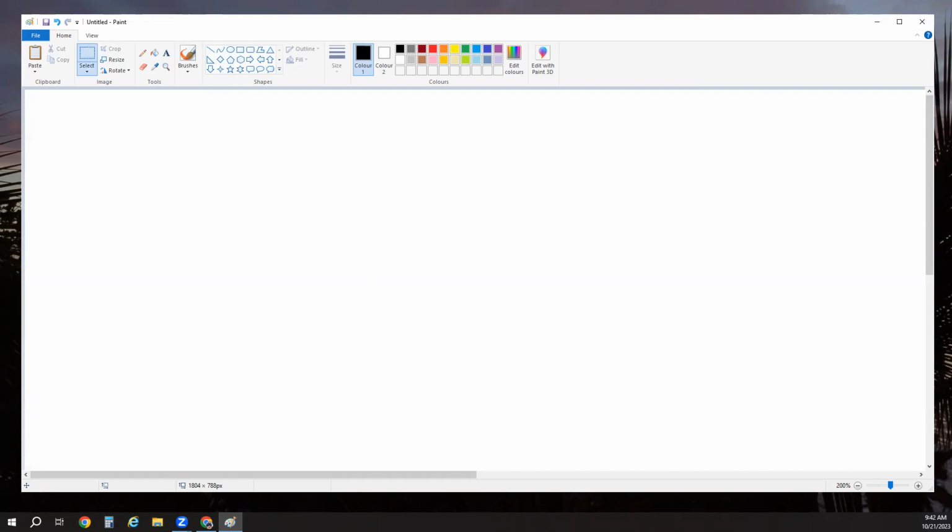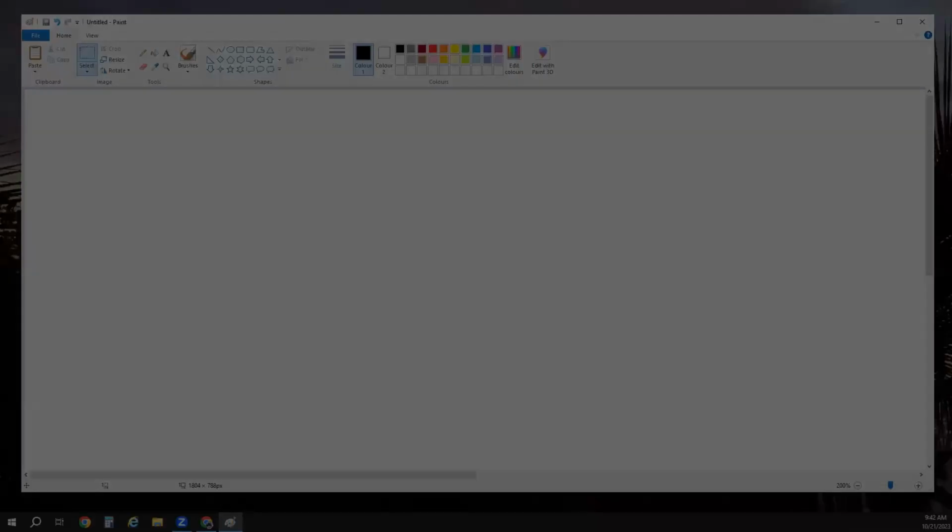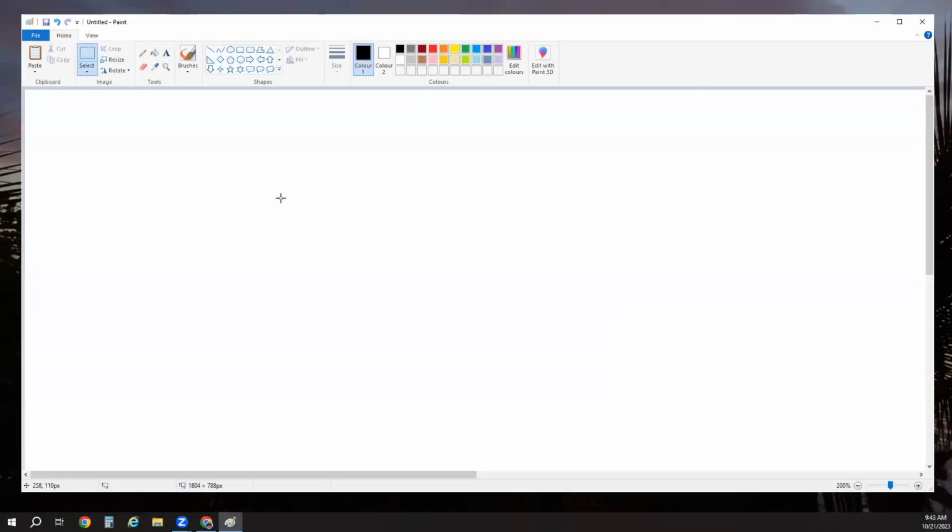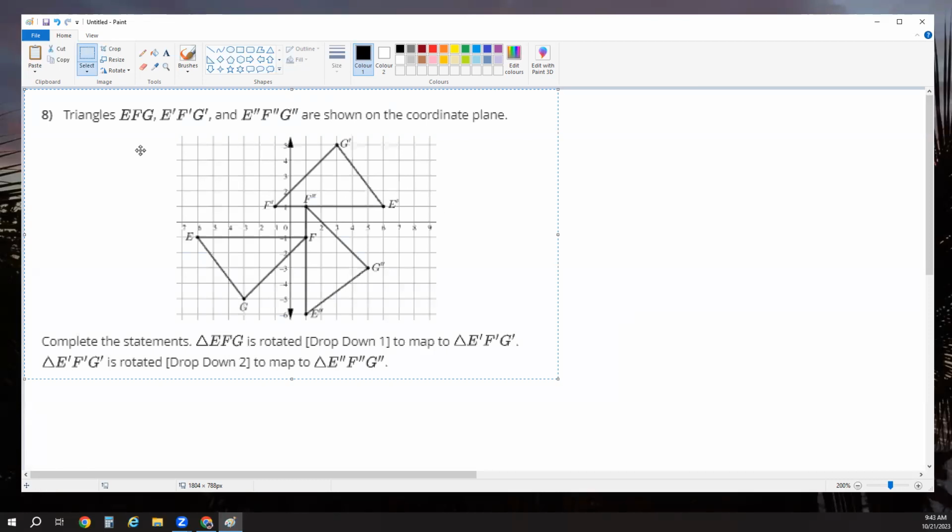A few more left. Got 3 drop downs. Okay, we have 3 triangles. This is a series of transformations, and again, you're doing the table format.